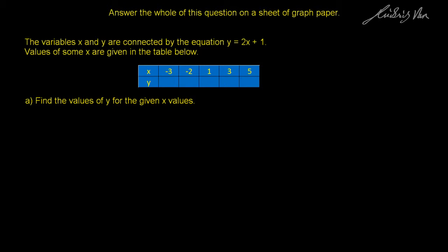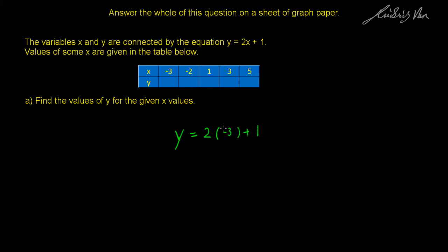Part A asks us to find the value of y for the given x value. For this, you will have to write the answer on the graph paper like I have told you earlier. But we can solve this first and transfer it over into our graph paper. What we should do is write down y equals 2x plus 1, then perform simple substitution.